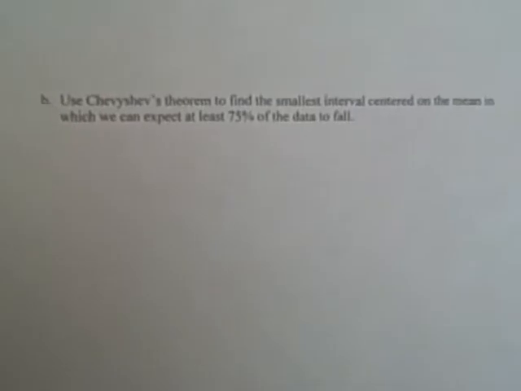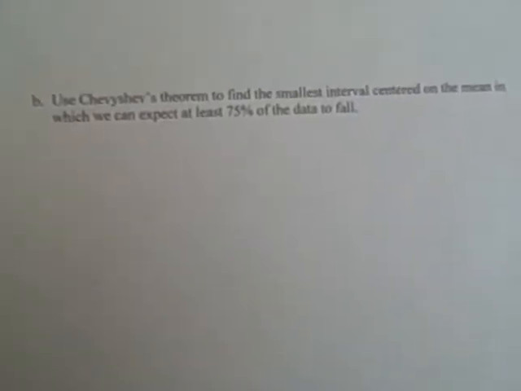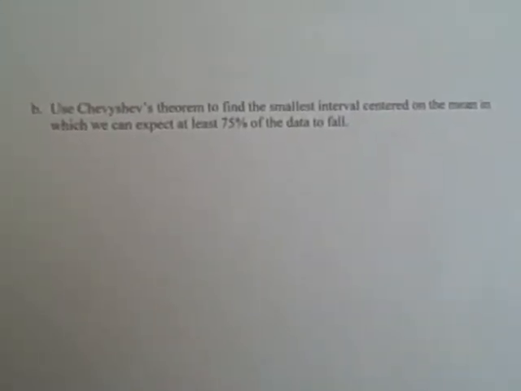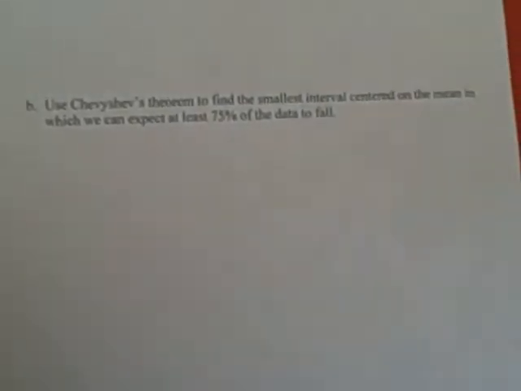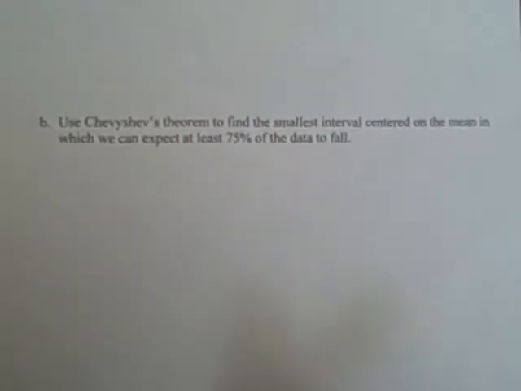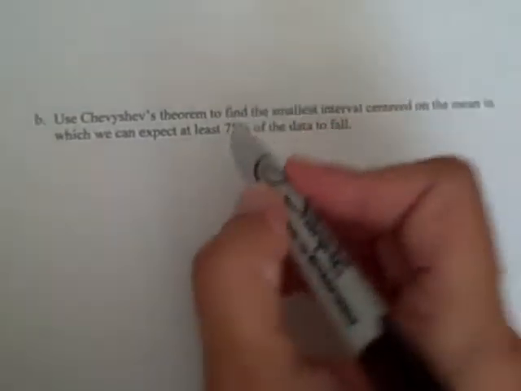All right, Chebyshev's. We're going to use Chebyshev's theorem to find the smallest interval centered on the mean in which we can expect at least 75% of the data to fall, okay? This is that formula where we start with the sample mean, X bar, and we go minus something times the standard deviation, and then we do X bar plus something times the standard deviation.